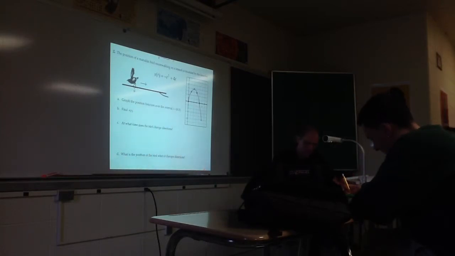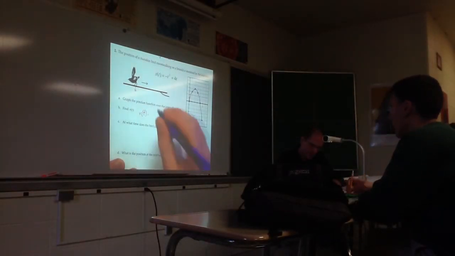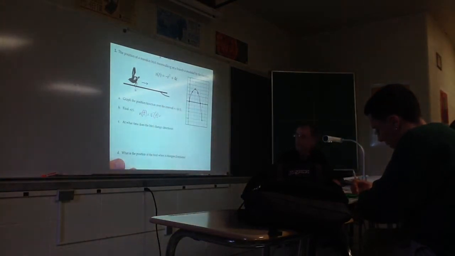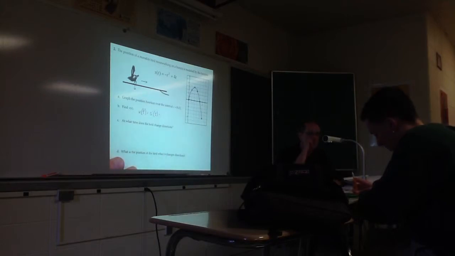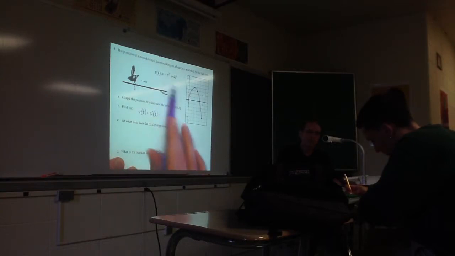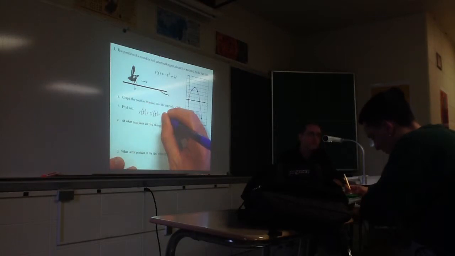Darby, find v of t. In other words, find the velocity function. I'll start you by saying that v of t is the derivative of s. In other words, v of t is s prime of t. That's what Maggie said in the first place. So given s here, Darby, I need the derivative of that, so do it. -2t.